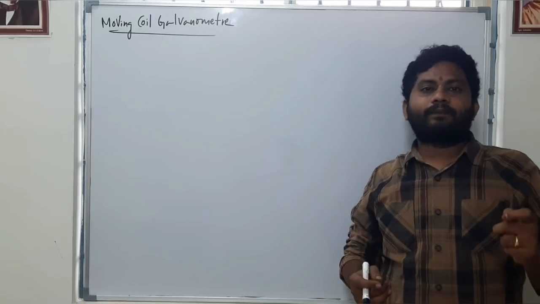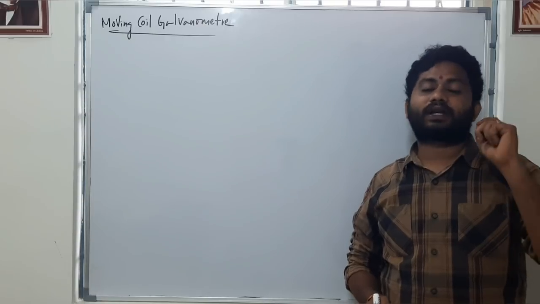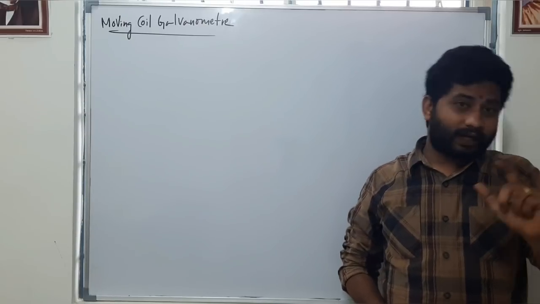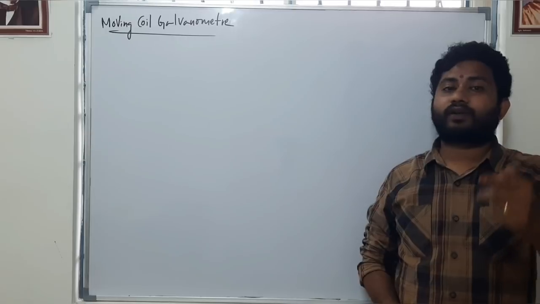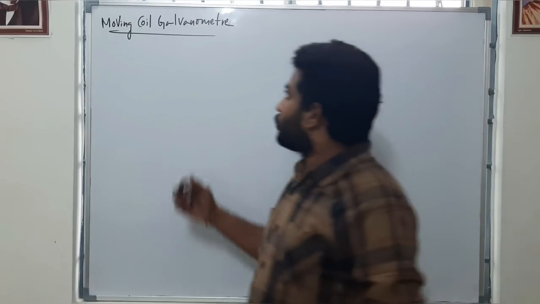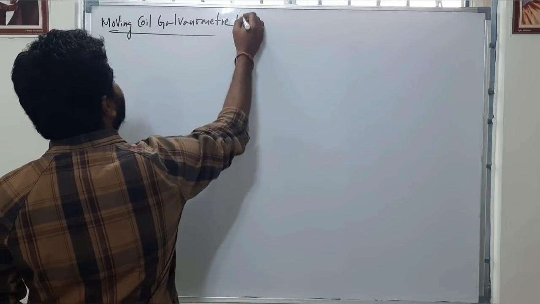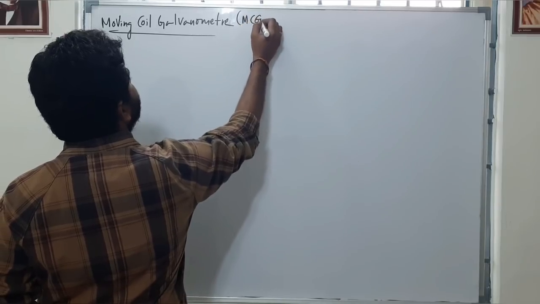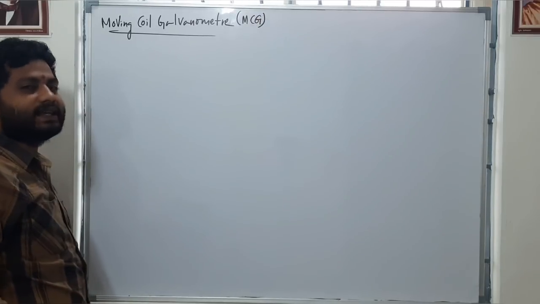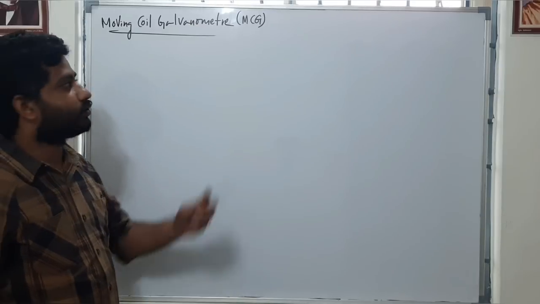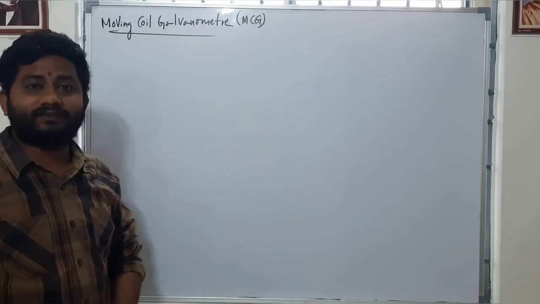And it is also a little important for your numerical solving. So the derivation is very important for your board exam. Let's start. Moving coil galvanometer can be represented with the short form MCG, right? In giving numericals also they will be using this. You should not get confused.